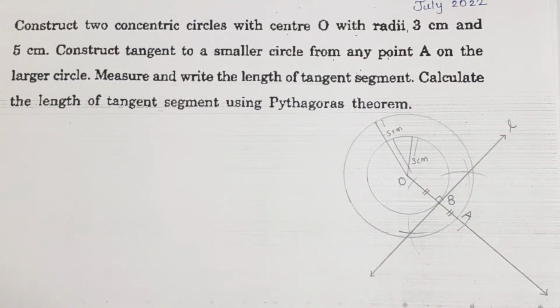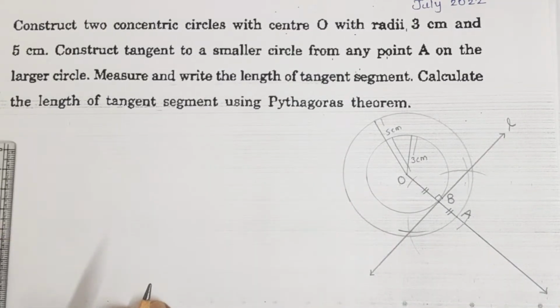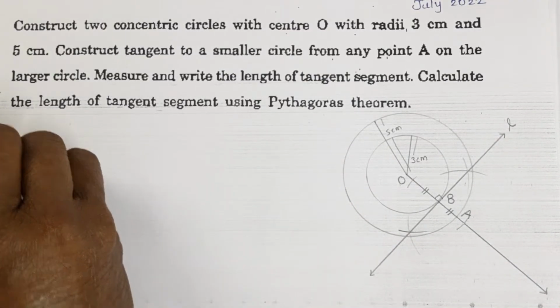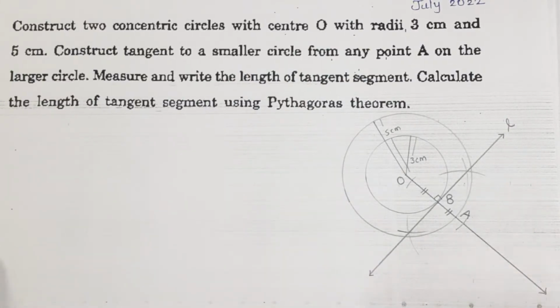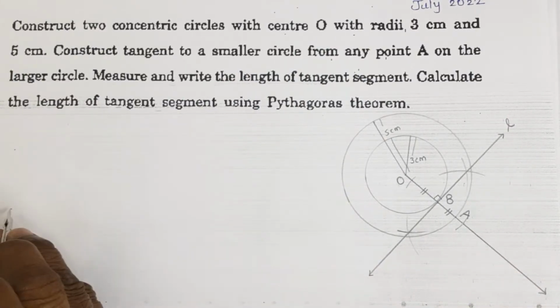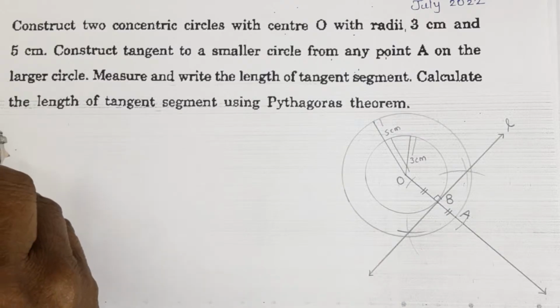Okay, so first I make out the circle with radius 3 centimeter. Now take the distance 3 centimeter in the compass.